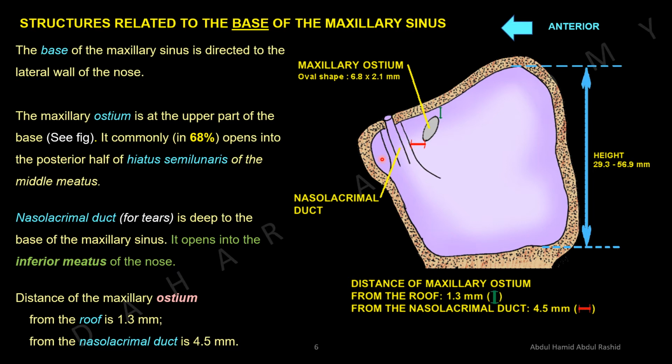This is superior border of the base. This is anterior border of the base. This is inferior border of the base. And this is posterior border of the base, which is about 29.3 to 56.9 millimeter.